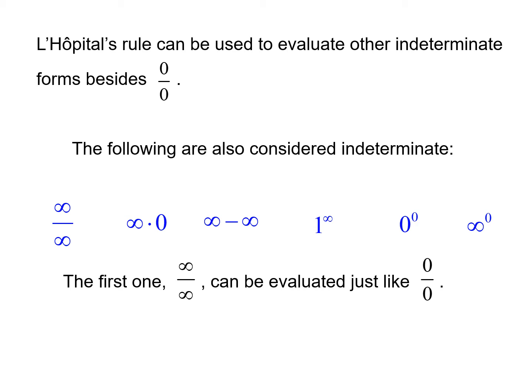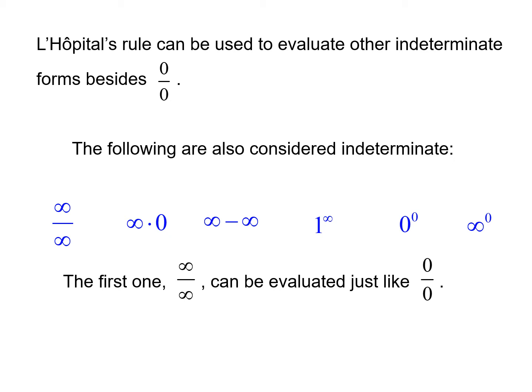I would suggest that you make a list of indeterminate forms and put them in your bedroom or somewhere that you can refer back to them easily. So I would suggest you make a poster with all the indeterminate forms on them. So when you get to a problem, you can say, hey, wait a minute, is that an indeterminate form? And then you can check.